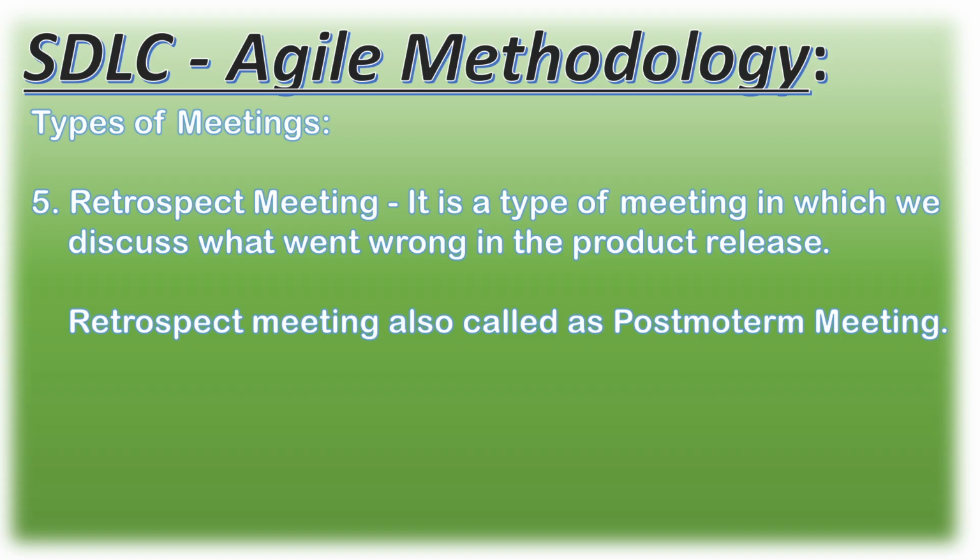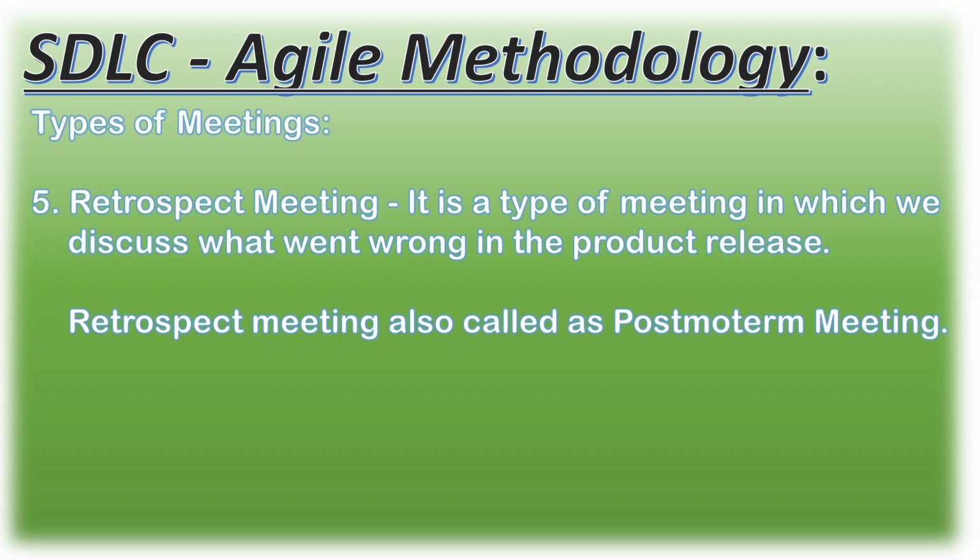The next meeting is the retrospective meeting. It is a type of meeting in which we discuss what went wrong in the project or product release. At the time of sprint release, whenever the sprint has been completed, we go for releasing the product to the customer.